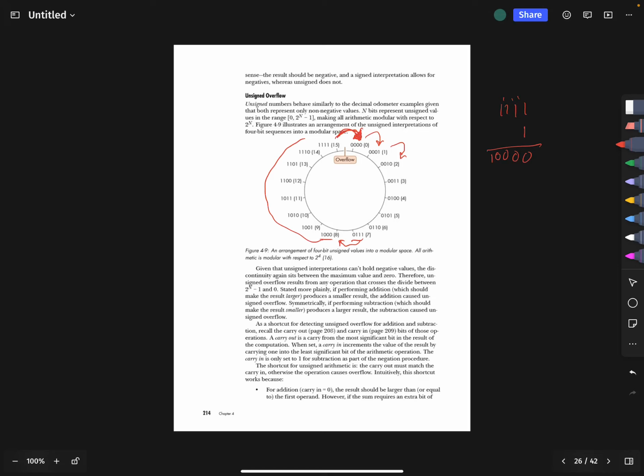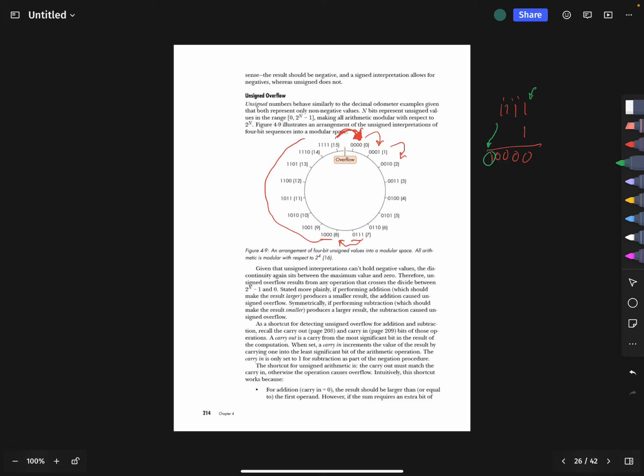Notice that this basically happens precisely when the carry into the leftmost, most significant bit is 1. I think I misspoke there. What I should be pointing to is here. It's the carry out, because there's a difference between the carry in and the carry out. For instance, this had a carry in of 0, but a carry out of 1.